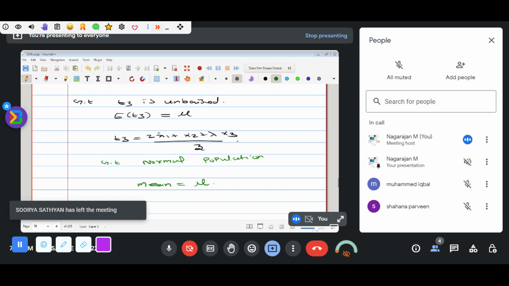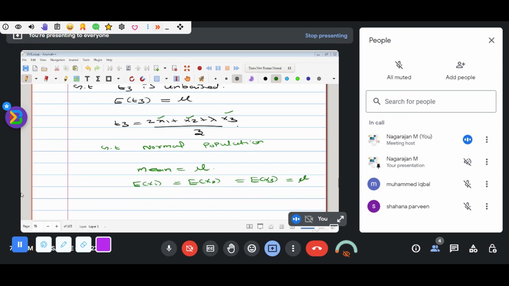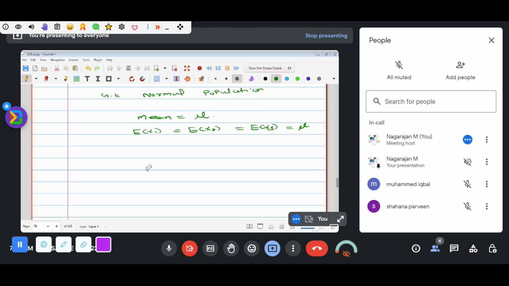Therefore, here E of x1, E of x2, E of x3, all values are mean only. Because here it is a normal distribution, therefore I am taking E of x1 equal to mu only.